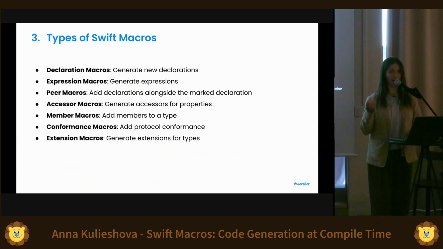Depending on the macro's goal, there are different types: declaration, expression, accessor. Today we will pay a little bit of attention to extension macros and peer macros.